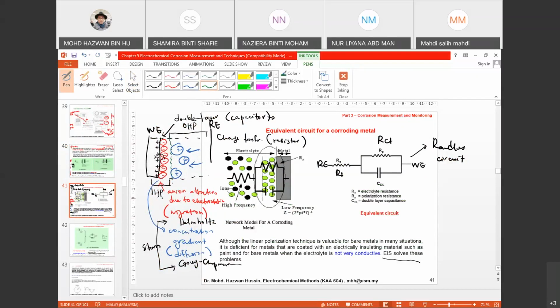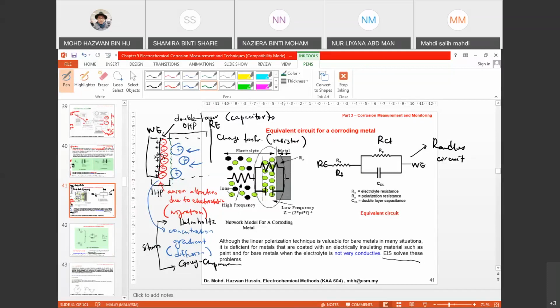Inner Helmholtz plane. So is this at the low frequency or at the high frequency? At the low frequency. Why at the low frequency, Mahdi? Because what?